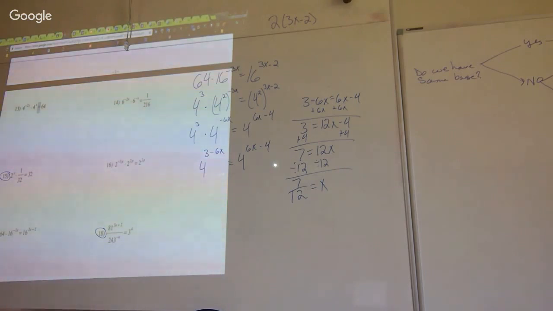That's 5n. Okay, now, power to a power, what do we do? Which uses what operation? Multiplication. What about down here?